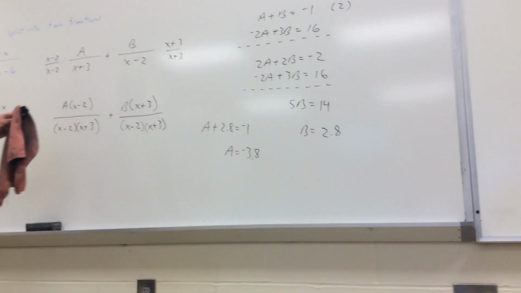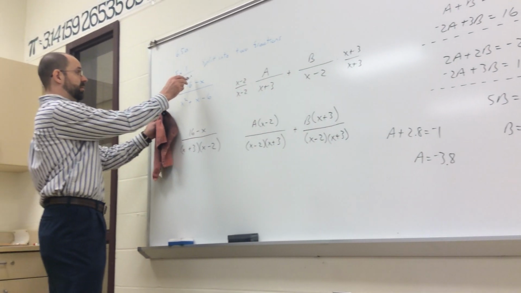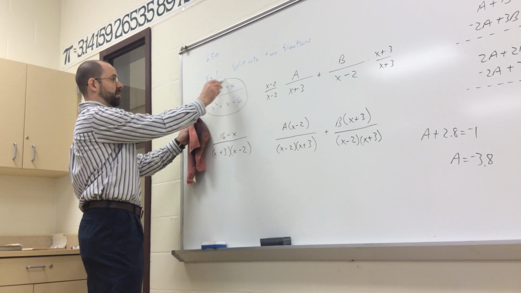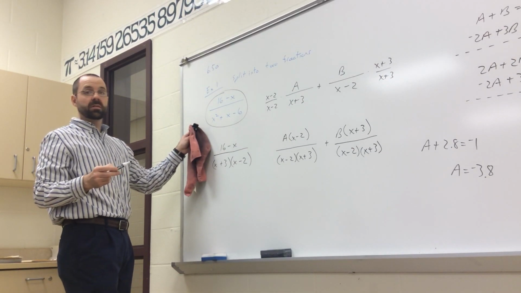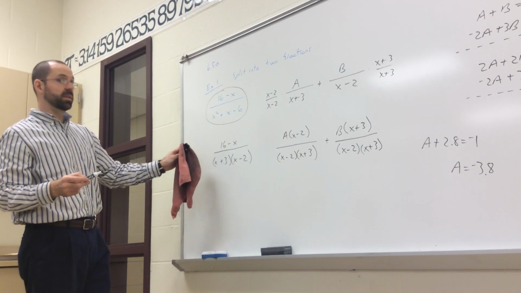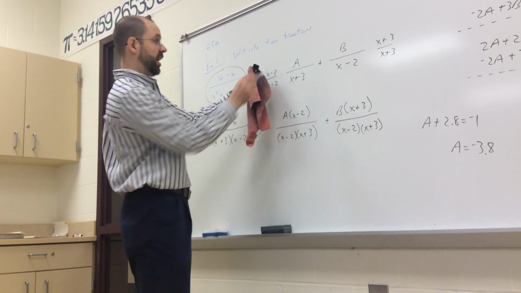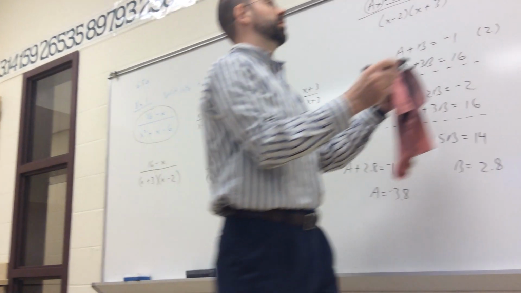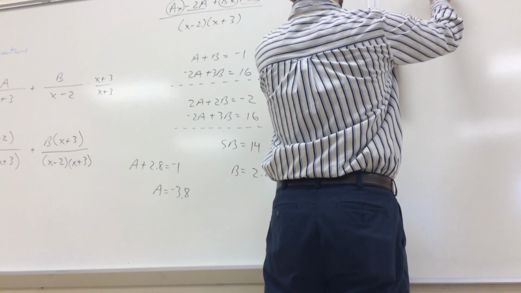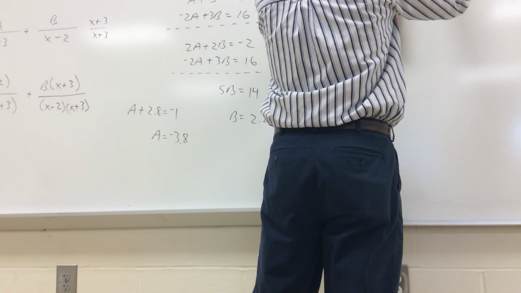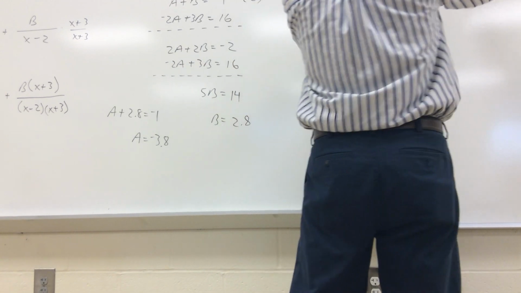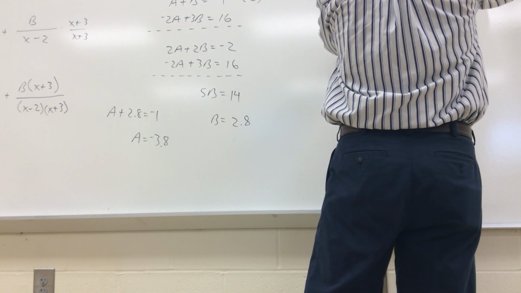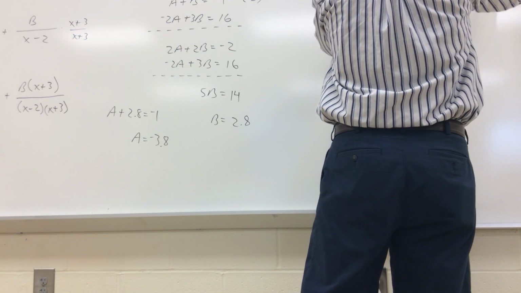So now what I've done is I've rewritten this fraction in a different way. It is negative 3.8 over x plus 3 plus 2.8 over x minus 2.